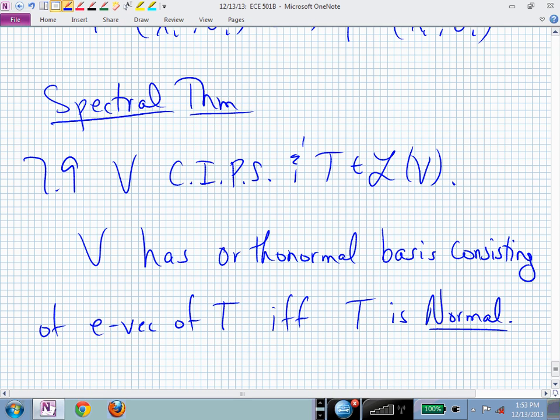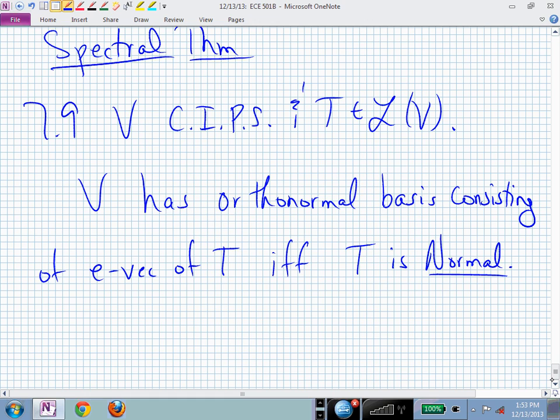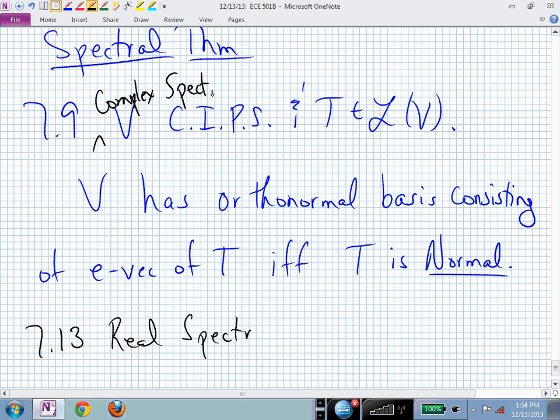That's an if and only if relationship. That's on complex inner product spaces. It's more restrictive once we move into real inner product spaces. So this was the complex spectral theorem.